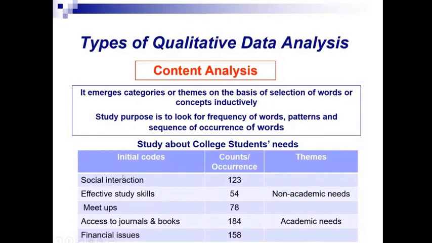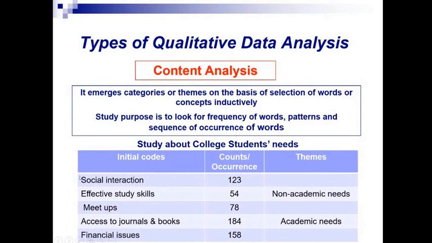Okay. However, in content analysis, it's not enough that you were able to get initial codes and themes, but rather you take note of the counts and occurrences. What do these counts and occurrences mean? They mean the frequency of words that we gather from our participants.